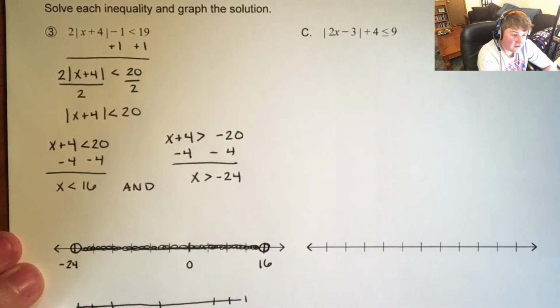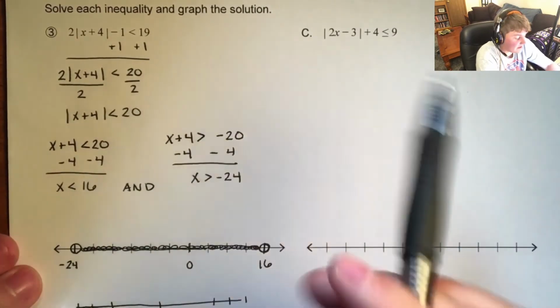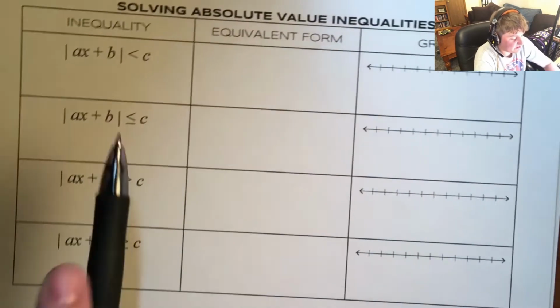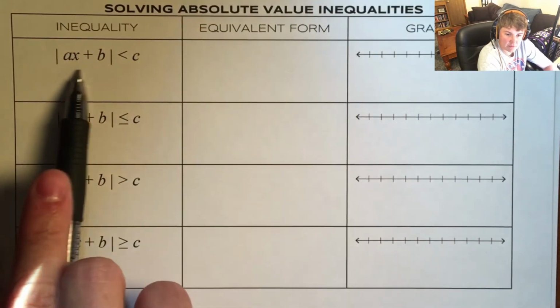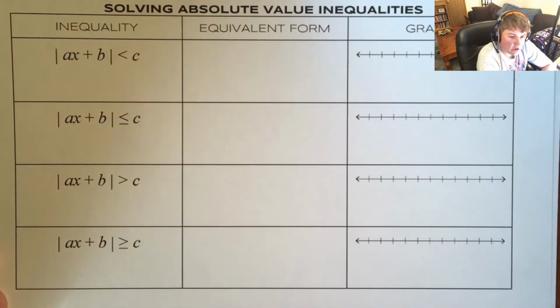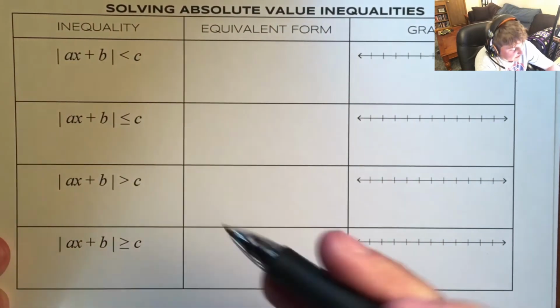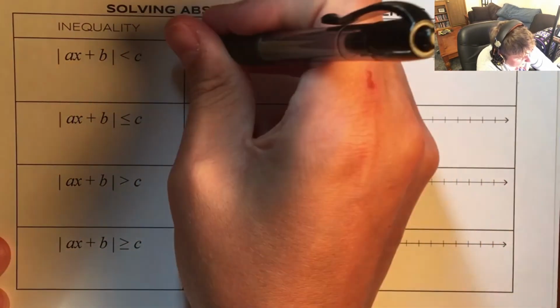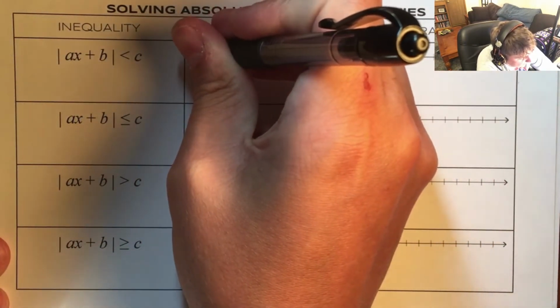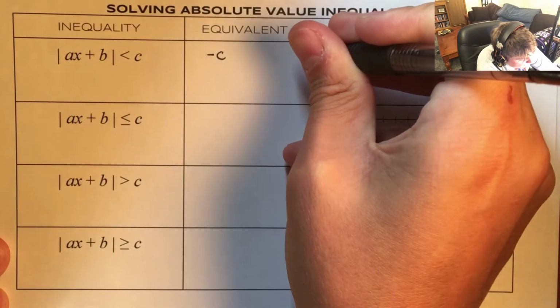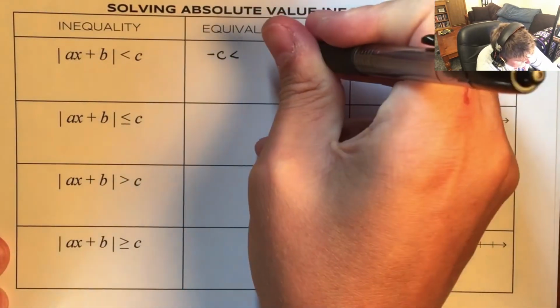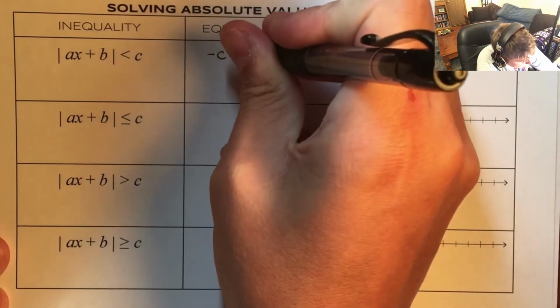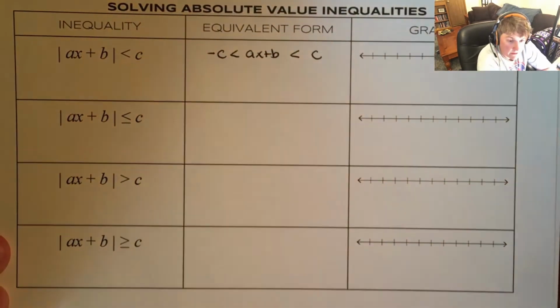So let's go up to the table and break down what we have. We have a situation like this. The equivalent form of this is that we have the opposite of the c value here and the positive c value there, with the "and" inequality ax plus b.